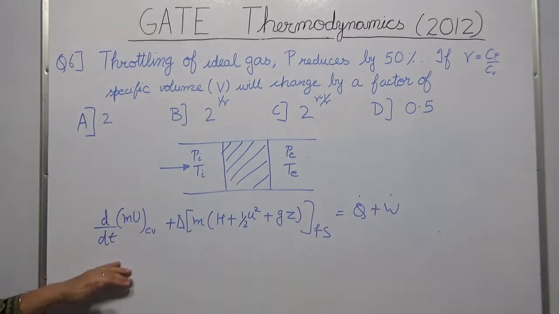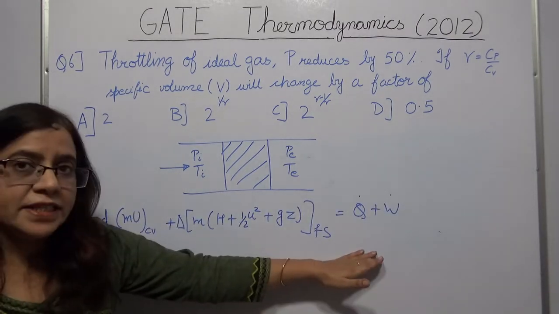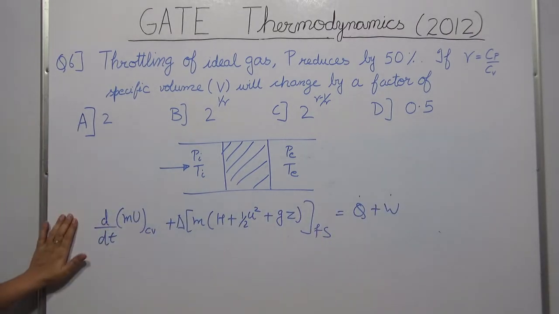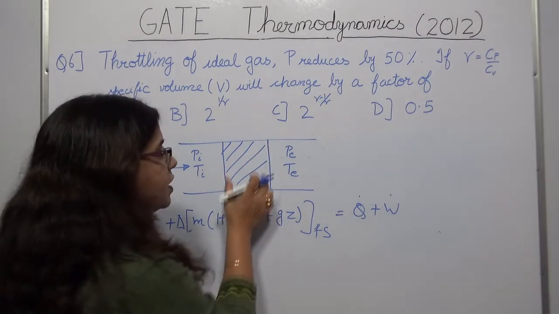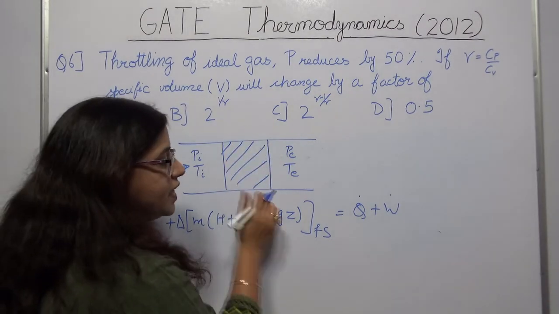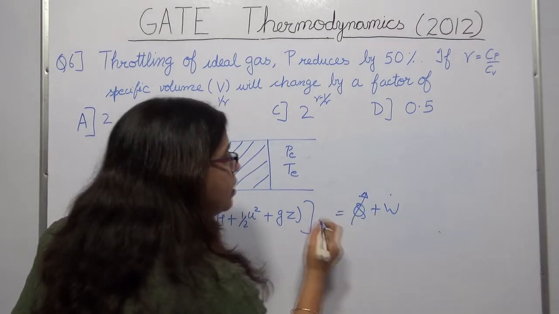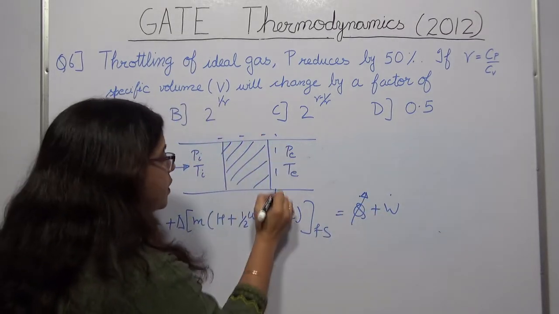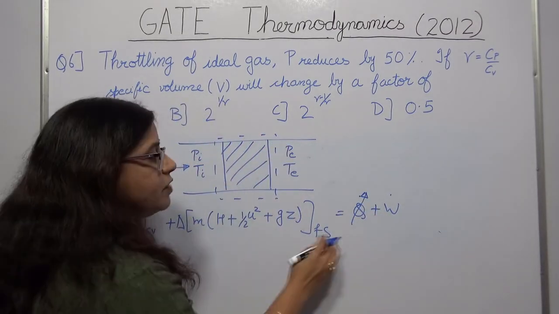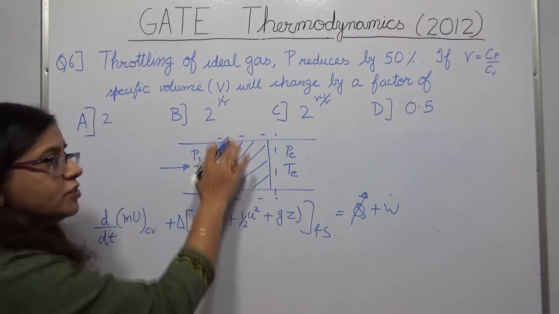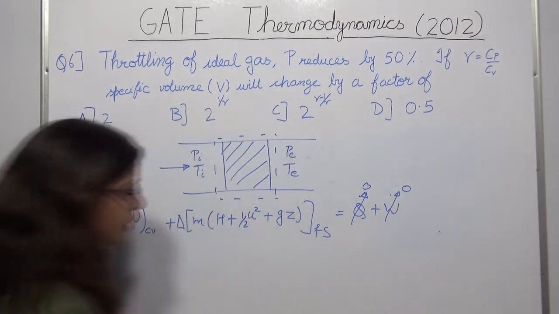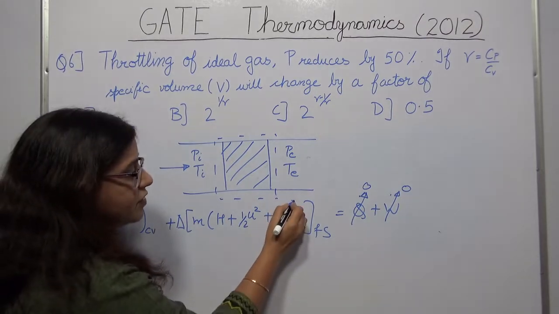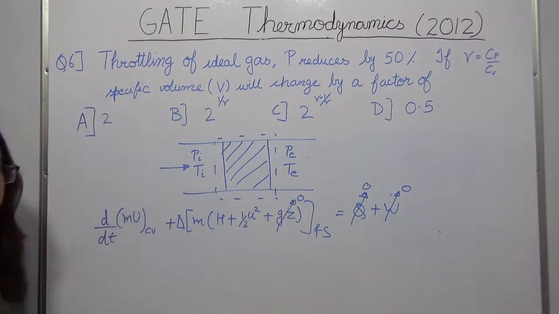I have written my general energy balance equation. Right now let's simplify this for the throttling valve. Since this is a very small device, we can neglect any heat exchange. This is my control volume. Work done, we have seen, is equal to 0. Let's assume there are no elevation changes, so potential energy change is 0.